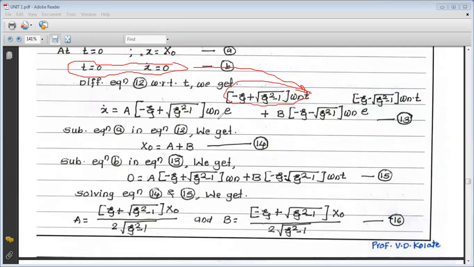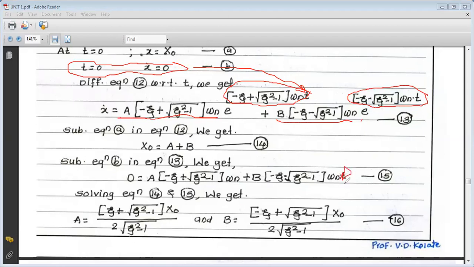The remaining term is a times minus zeta plus square root of zeta square minus 1 into omega n. Similarly, plus this term is 1 because t equals 0, so the remaining term is b times minus zeta minus square root of zeta square minus 1 into omega n.